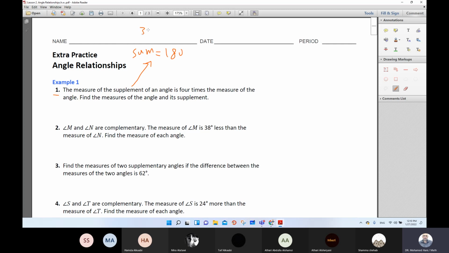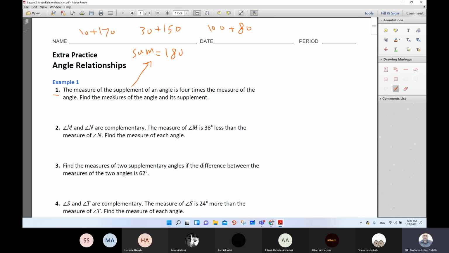For example, 30 plus 150, the two angles here are supplementary. For example, 10 and 170. For example, 180. This is the meaning of supplementary.